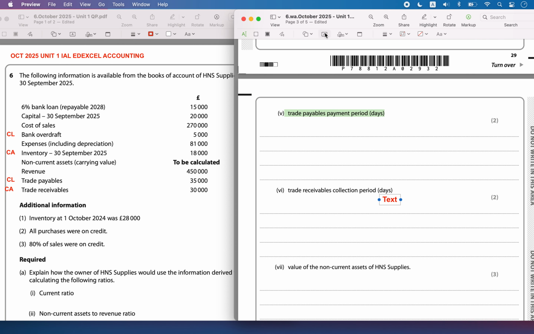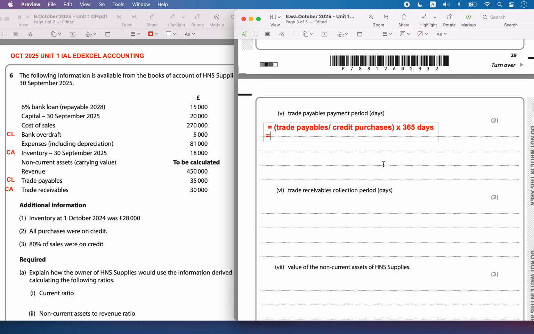Then we have the trade payables payment period in days. That is going to be equal to trade payables divided by credit purchases, times 365 days, which is the entire year.